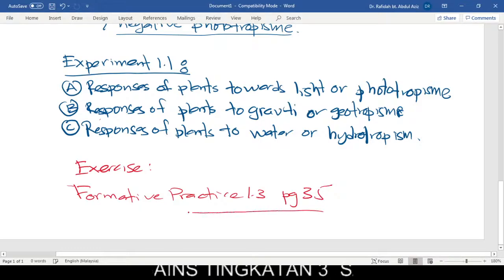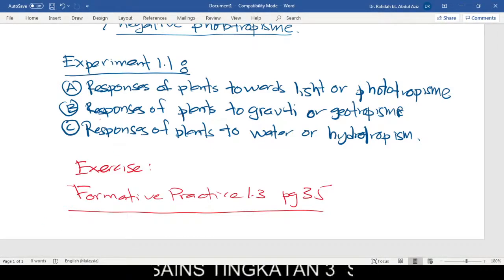So please do this formative practice. Okay, that's all for today. We will continue our lesson on Thursday.